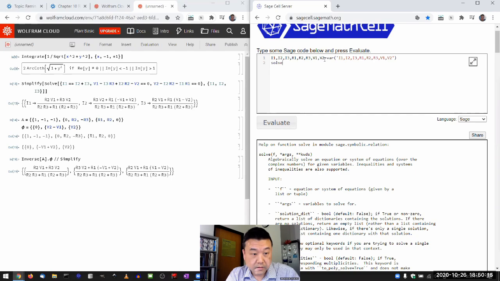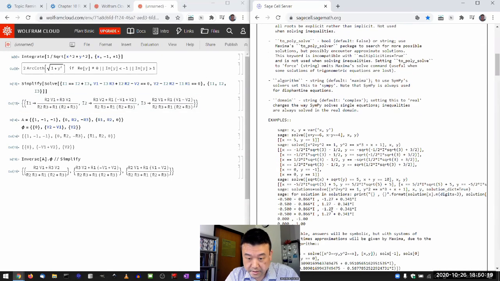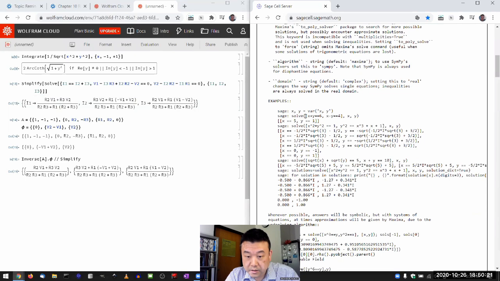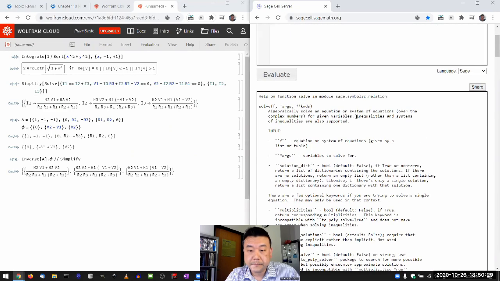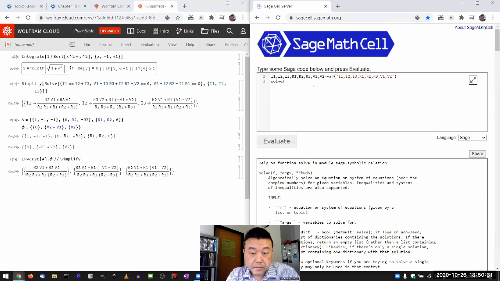Okay, and I can put in a version of this for solve using the syntax that I see here, which is the system of equations enclosed in square brackets, and then declare the variables I want to solve for one by one. So the system of equations: I1 equal to I2 plus I3, and V1 minus, and this is where I have to be careful, SageMath doesn't have implied multiplication.